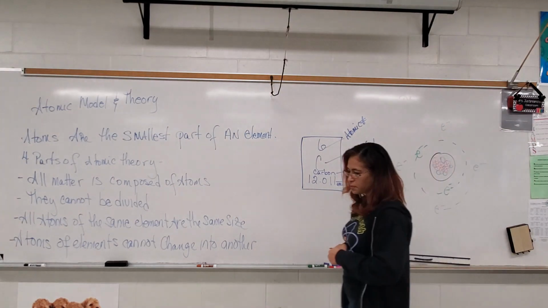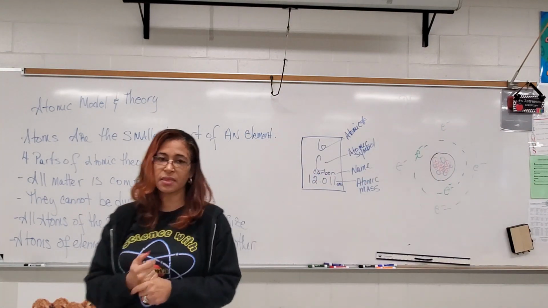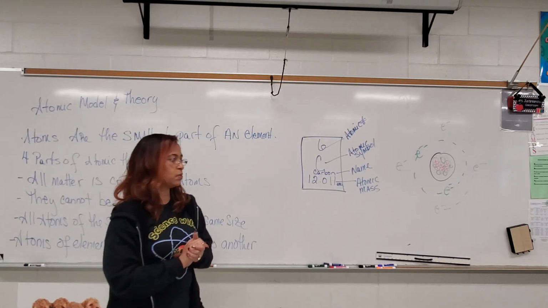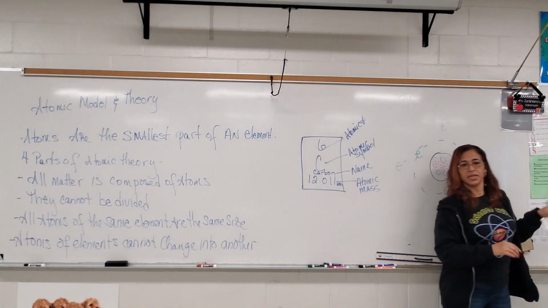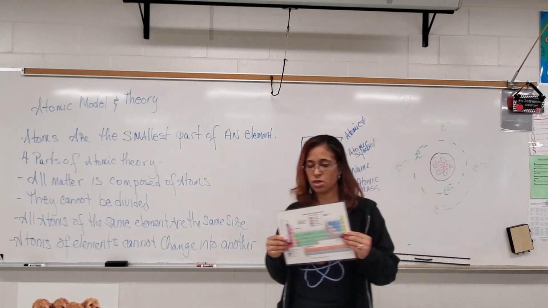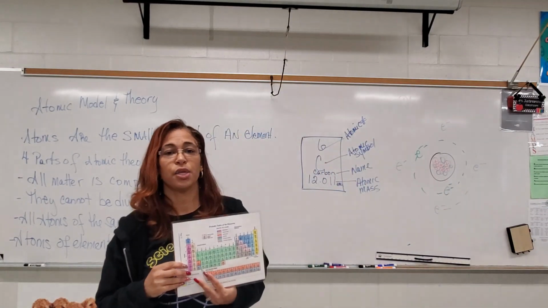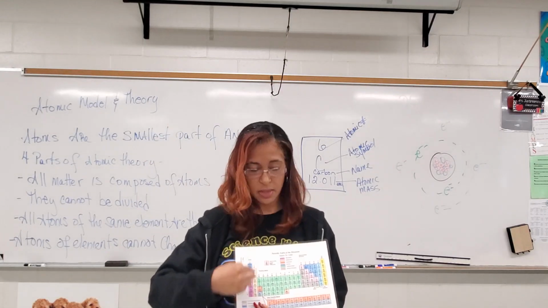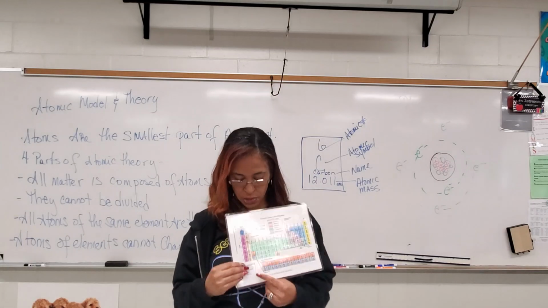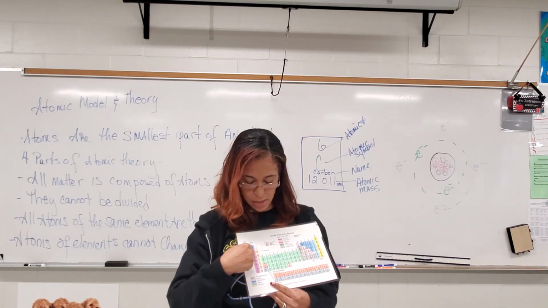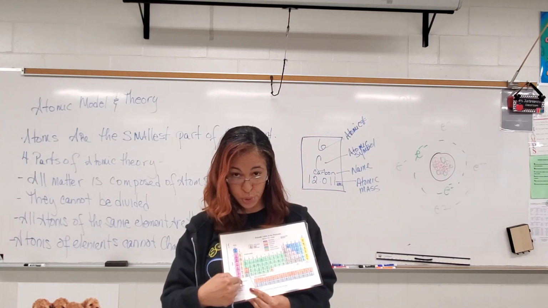So when we look at the Bohr model, and when we talk about the periodic table as well, I'm going to go a little bit into how the periodic table is structured. Okay, you have here columns. These columns represent groups. Okay, so here you have group 1, group 2.